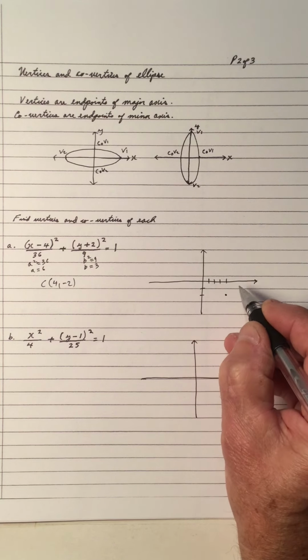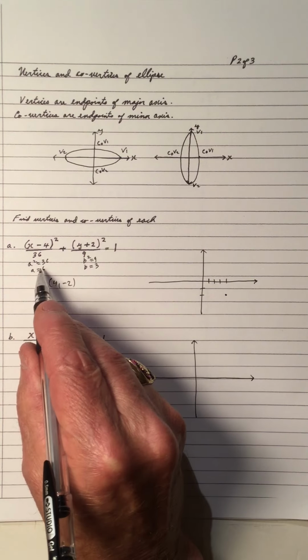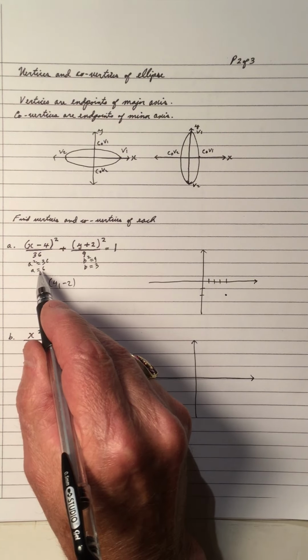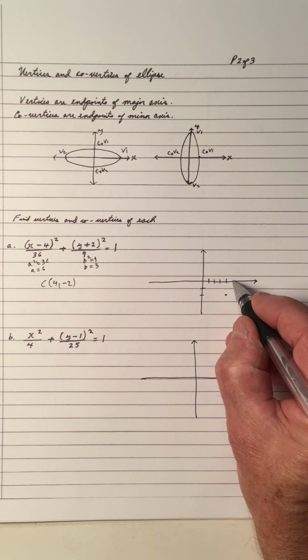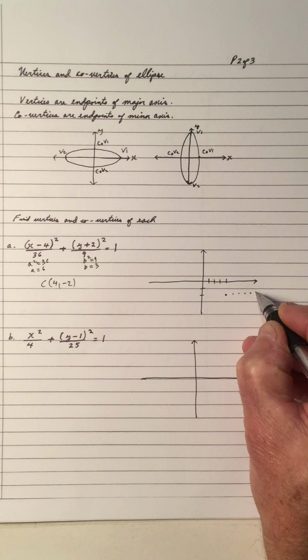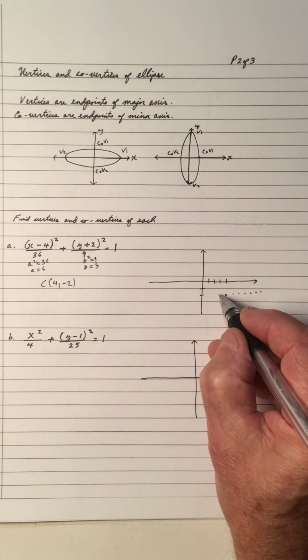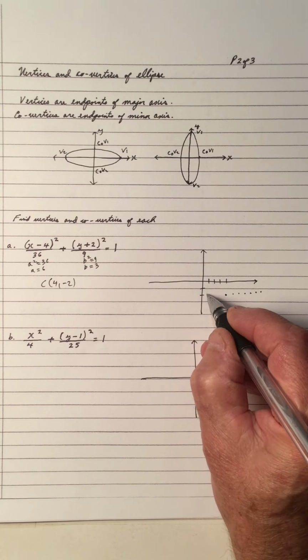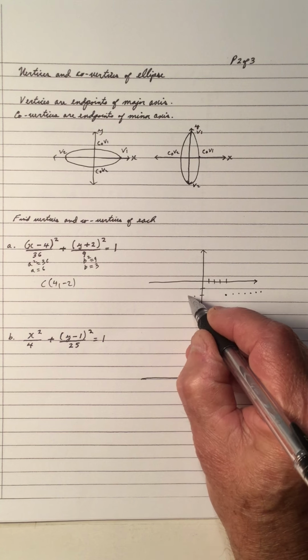So the center is 4, -2. So let's say that's the center. Now, when you do the horizontal stretch, which is the a, you go 6 to the right, 1, 2, 3, 4, 5, 6. And you go 6 to the left, 1, 2, 3, 4, 5, 6.